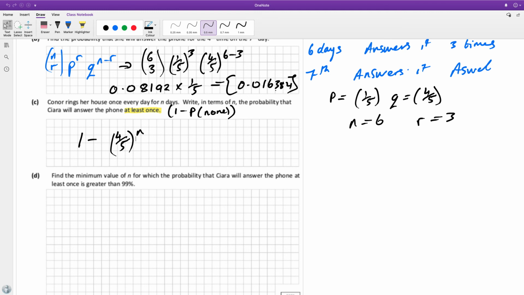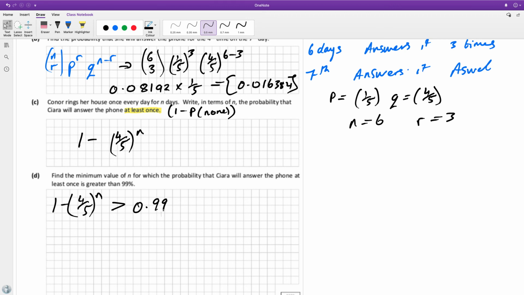Help me create the expression at the beginning. 0.99.